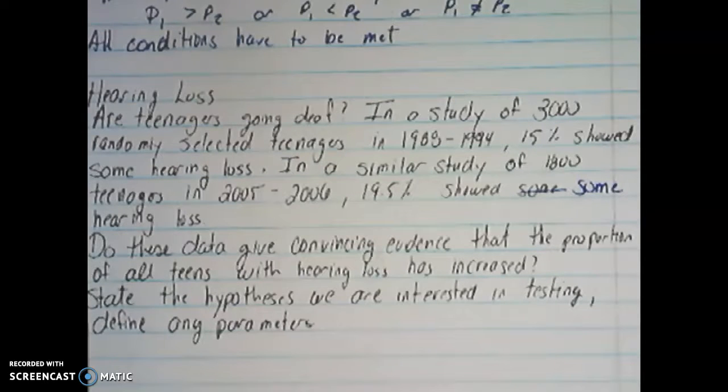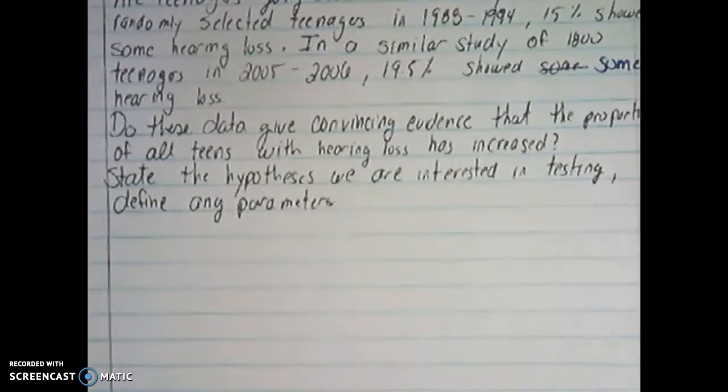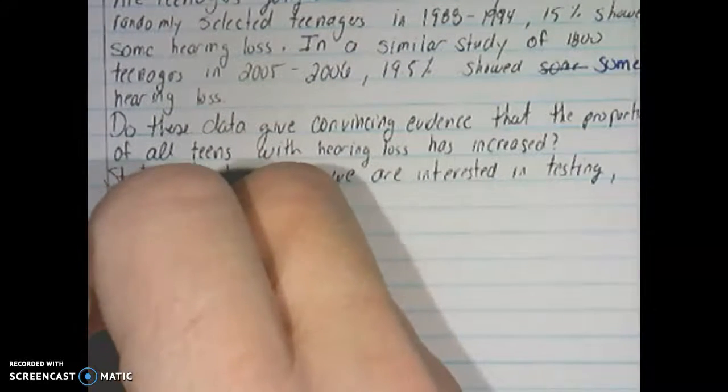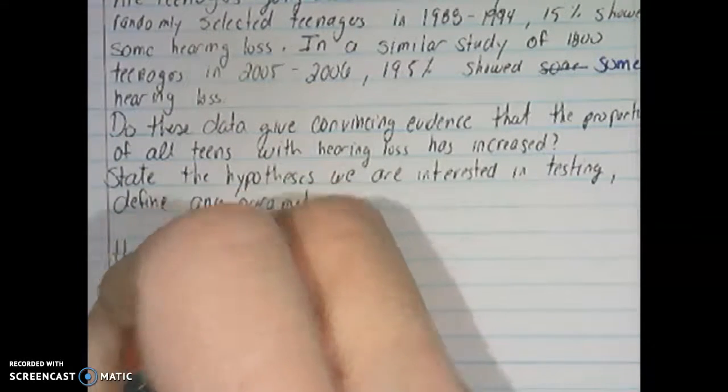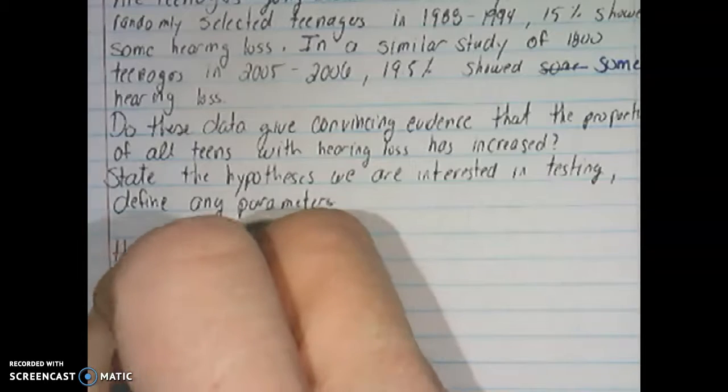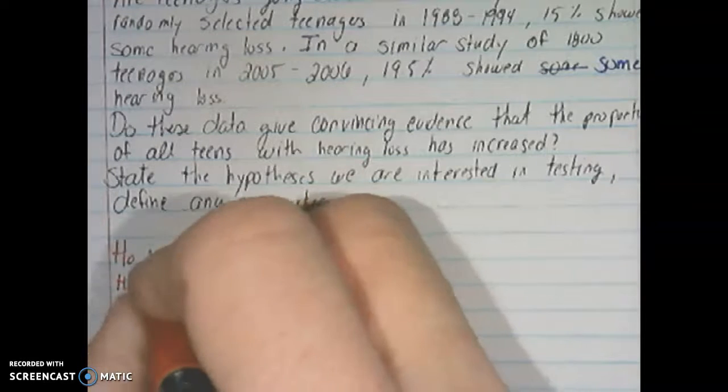So we are going to state the hypothesis we are interested in testing and define any parameters. Okay, so let's do that real quick. So we're going to have H naught, and we're going to have the alternative hypothesis.